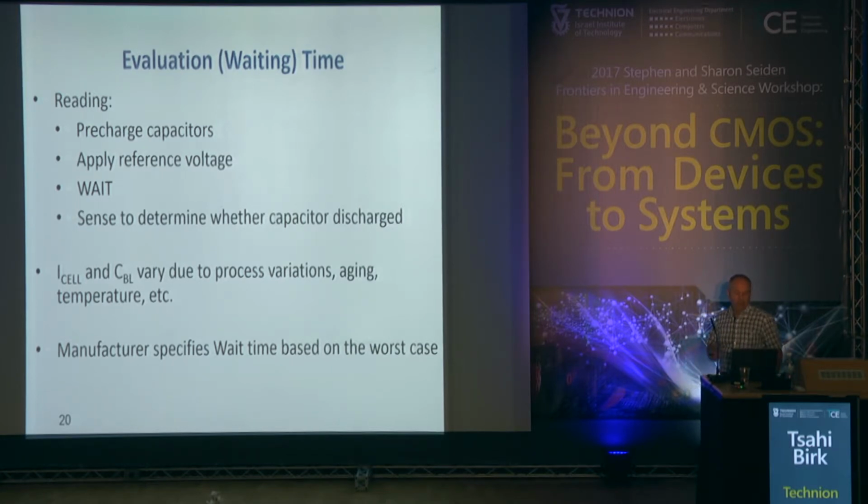How long do we wait? The manufacturer specifies a wait time based on worst case, over chips, temperature, age, God knows what, takes some spare, and goes with that. In all likelihood, one can usually do substantially better.